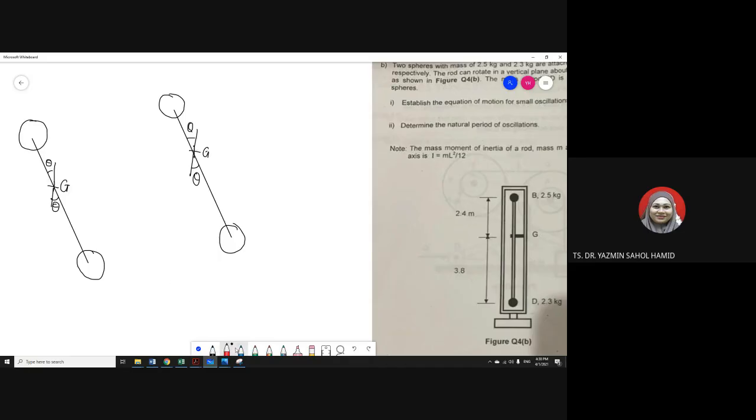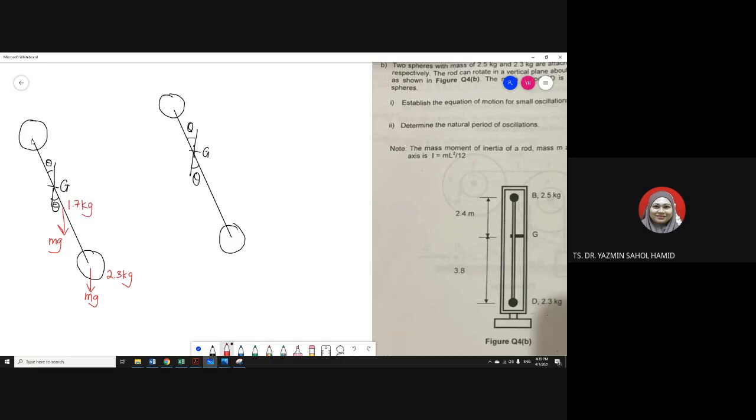So for the first diagram, the weight is vertical. So we have mg here, due to the 2.3 kilogram pendulum. We also have the weight of the rod, mg, due to the 1.7 kilogram rod.